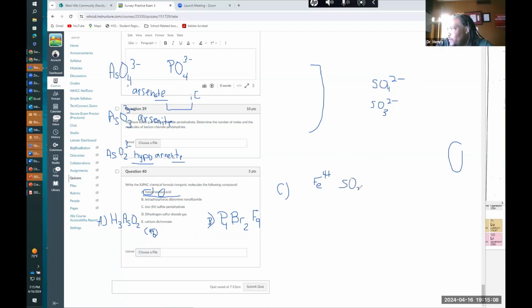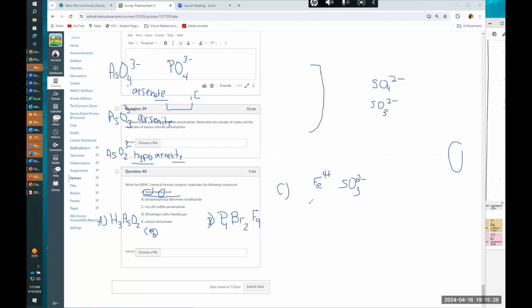So I have SO3, 2 minus. So then how many of these am I going to need to balance out that 4? Can you just switch them, like the 2 and the 4? Well, because they're divisible by each other, you can't just switch it. I'll need 2 of them.